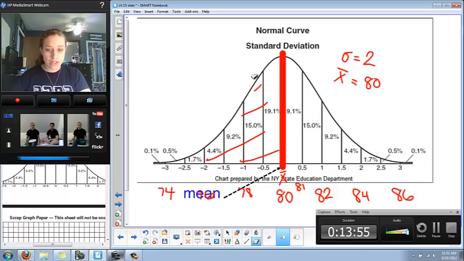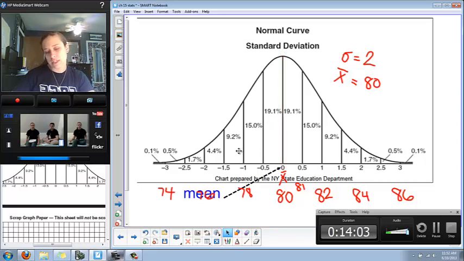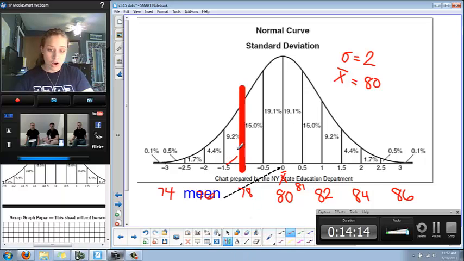Now let's try one that's just a little bit harder. Forget about the 50th percentile for 1 second. Let's try to figure out what percentile this line represents. I don't know what percentile that line represents, but I do know that percentile means all of the percents that are below that line.